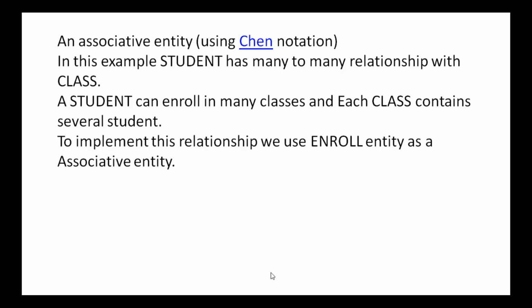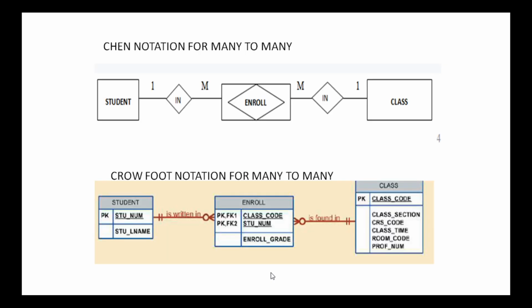So there exists a many-to-many relationship between a student and a class. To implement this relation practically, we use a bridge entity called enroll. This enroll entity is known as an associative entity.